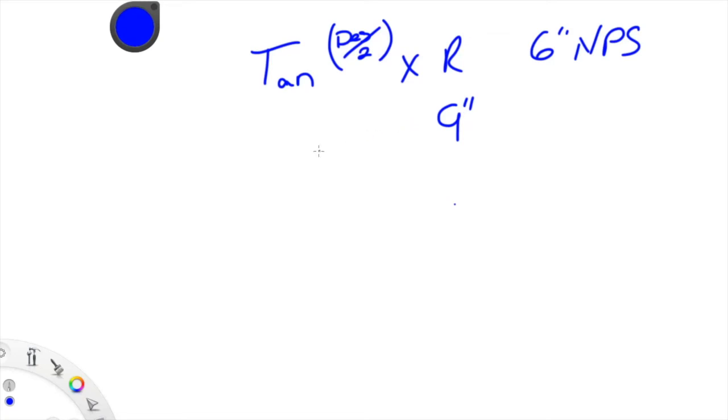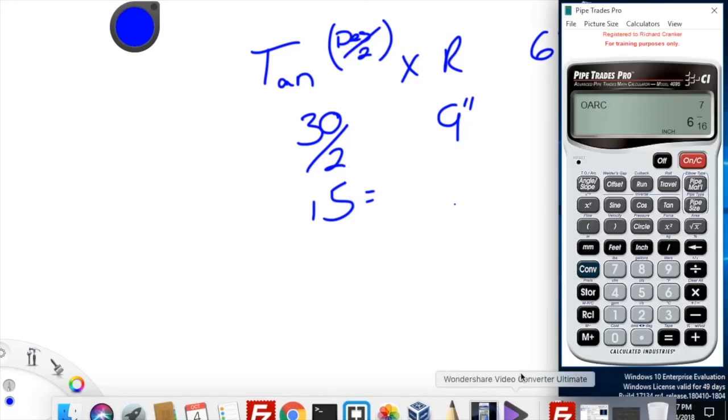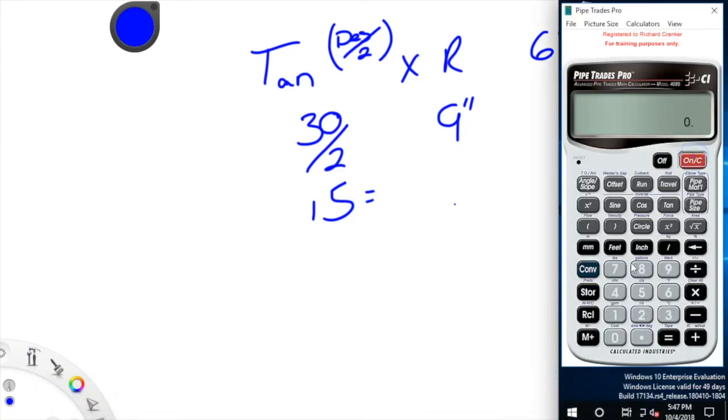So the tangent of half the degree, what that means is if you're looking for 30 degrees, what you need is the tangent of half that degree. So we would divide that by 2. It gives us 15. The tangent of 15 degrees is, we'll pull it up on our calculator real quick. So 15 tangent, and you can look this number up in a tangent table.